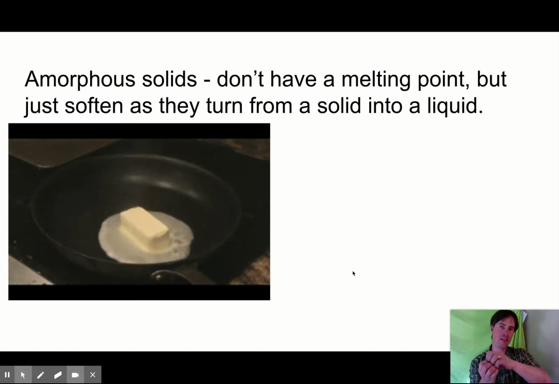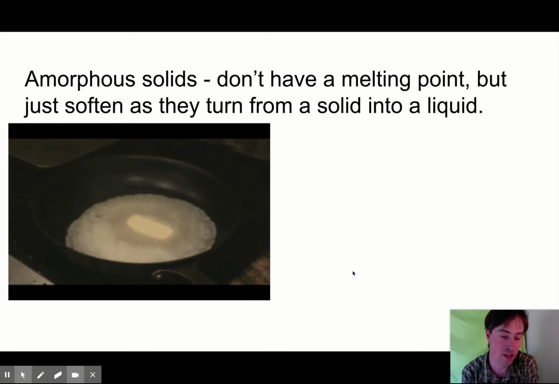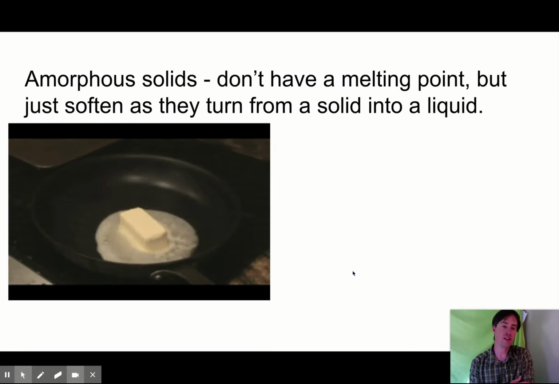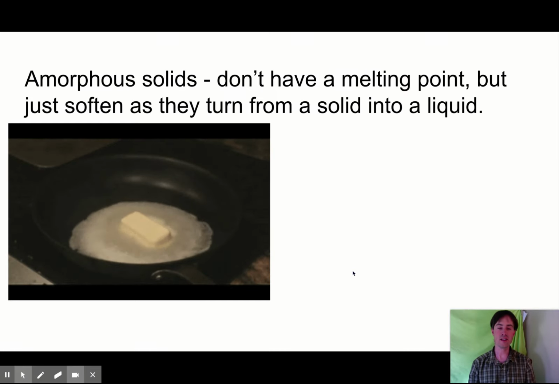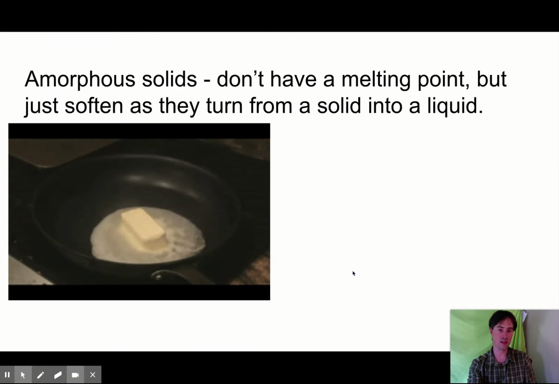The solid will degrade and turn into a liquid faster the warmer it is, but they're not really solid, and so their shape is not set in stone. It is very changeable, even when it's a solid. Amorphous: a solid without a shape.